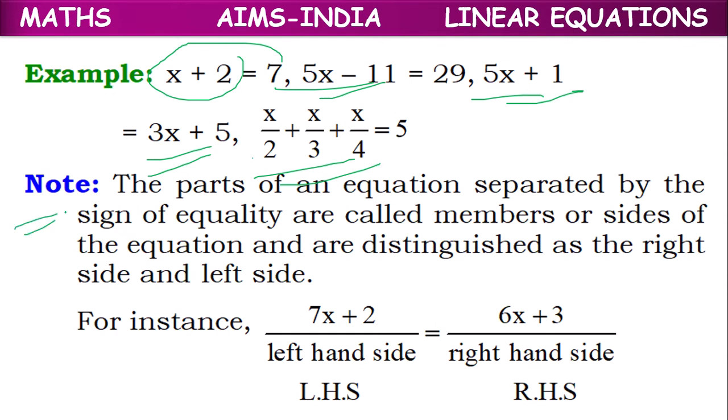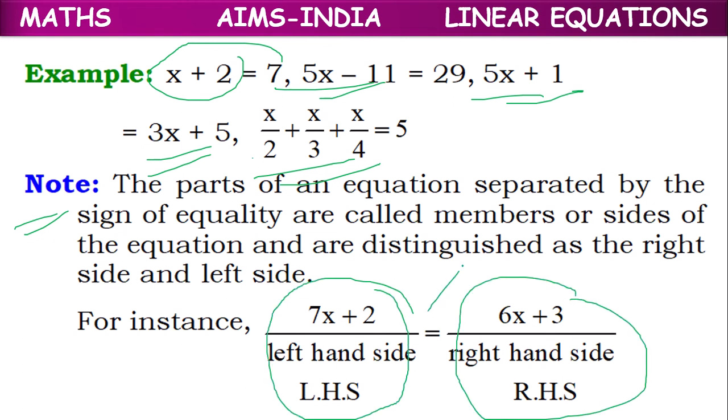Here in an equation, just now we have told that two algebraic expressions combined by an equality sign is called an equation. It means the equation has two parts separated by the sign of equality. On one side of the equality sign we have one part, the left hand side, and on the right hand side we have another part.